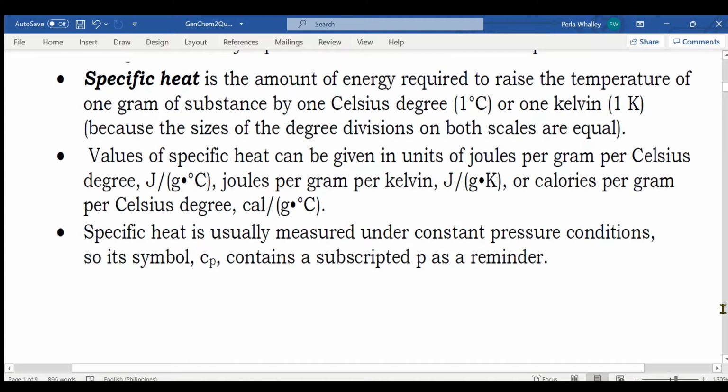Values of specific heat can be given in units of joules per gram per Celsius degree, joules per gram per Kelvin, or calories per gram per Celsius degree. Specific heat is usually measured under constant pressure conditions, so its symbol, C sub P, contains a subscripted P as a reminder.